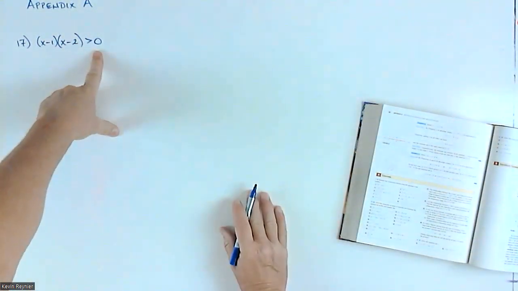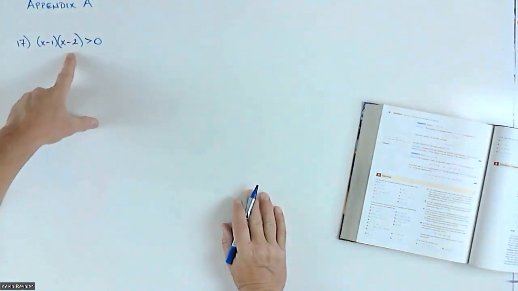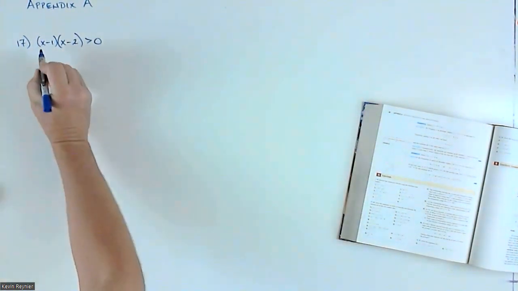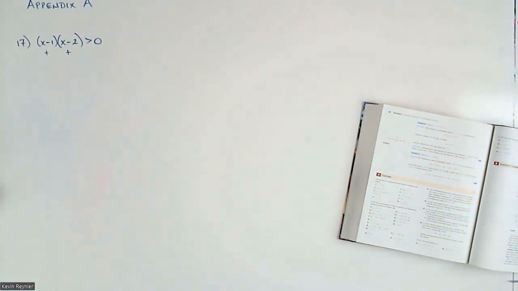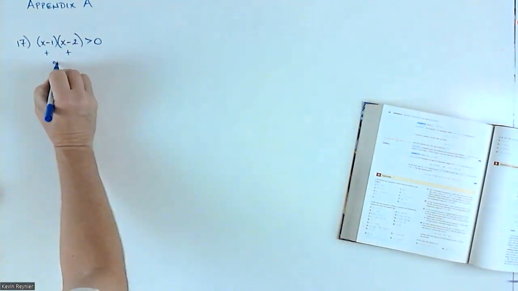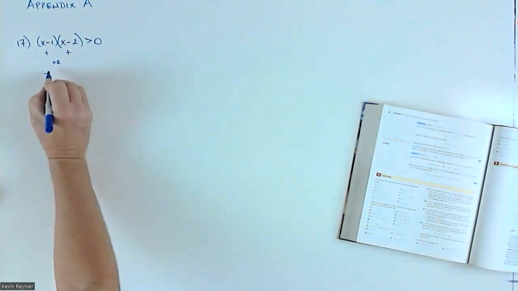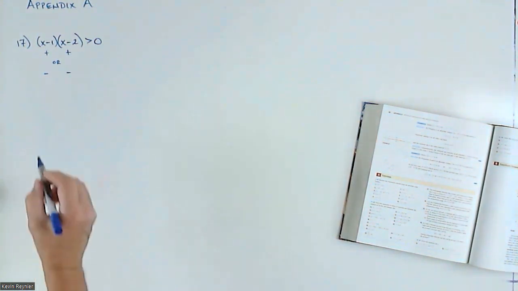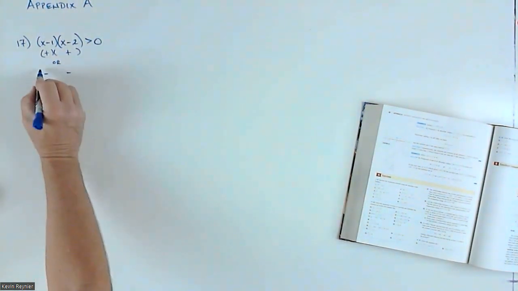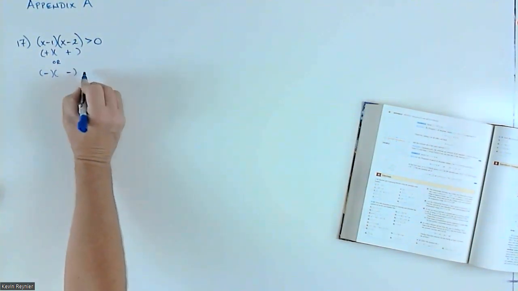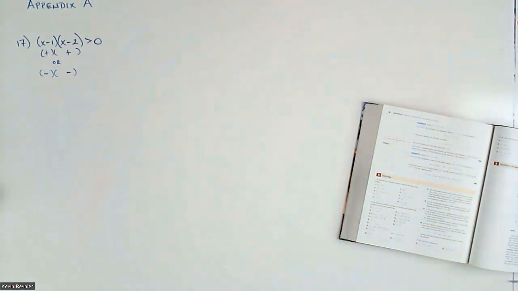This says greater than 0. These are two factors multiplied together. The only way we get a positive product is if we multiply two positive numbers together, or we multiply two negative numbers together. If we take a positive times a positive, we get a positive. If we take a negative times a negative, we get a positive.